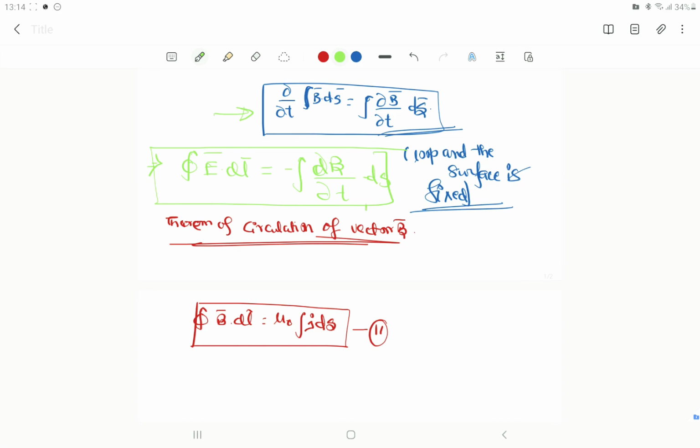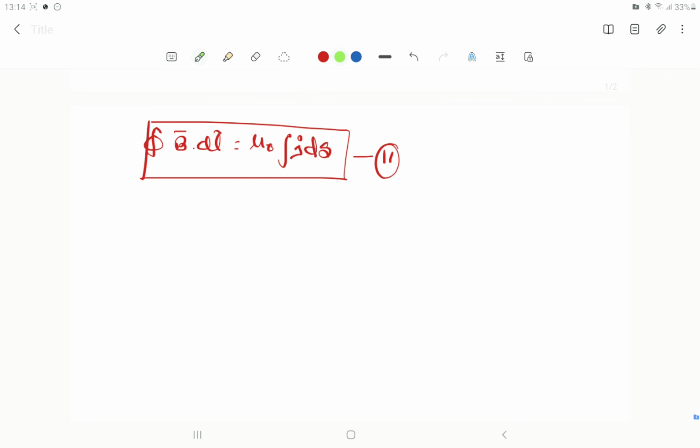Now I think everybody can see these 1 and 2 equations are almost similar.